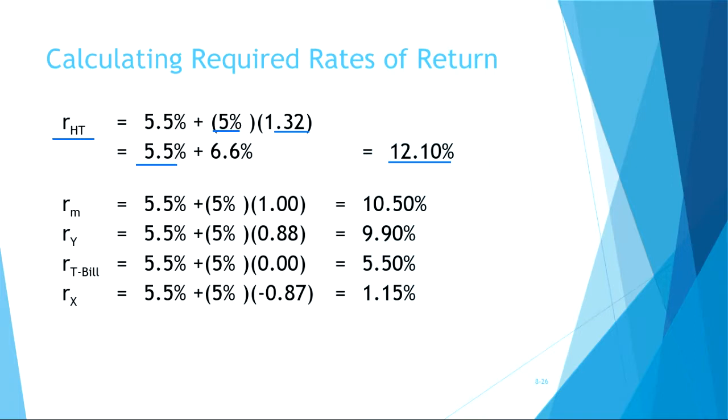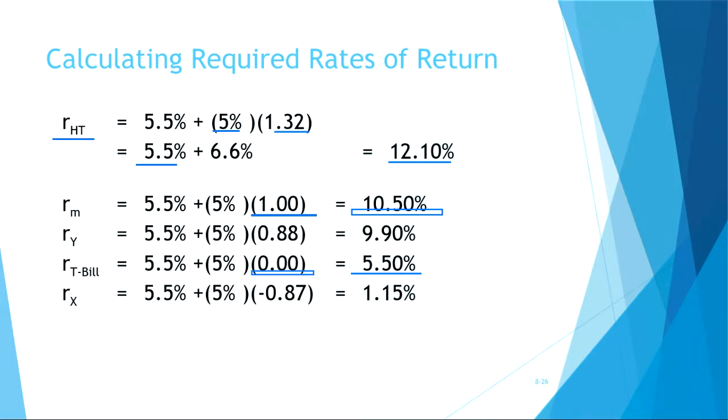So we can calculate all the required returns, right? For the market, beta is 1 because it's the market itself. Then the required rate is 10.5. For the T-bill, beta is 0, so the required return is 0.5, same as the expected, because there isn't any volatility in the T-bill.